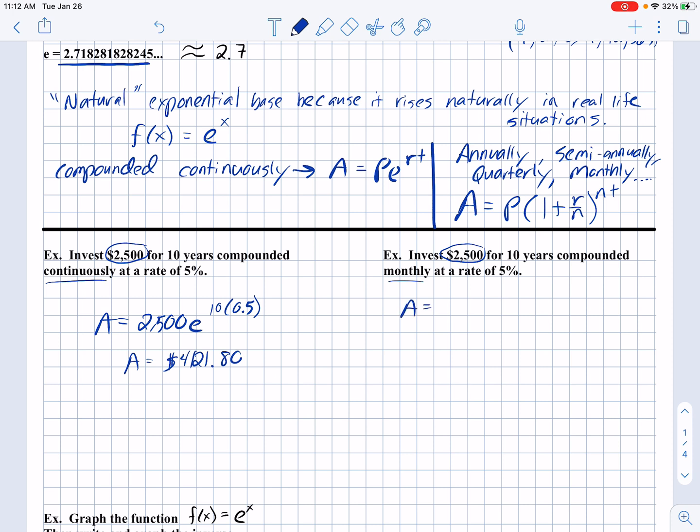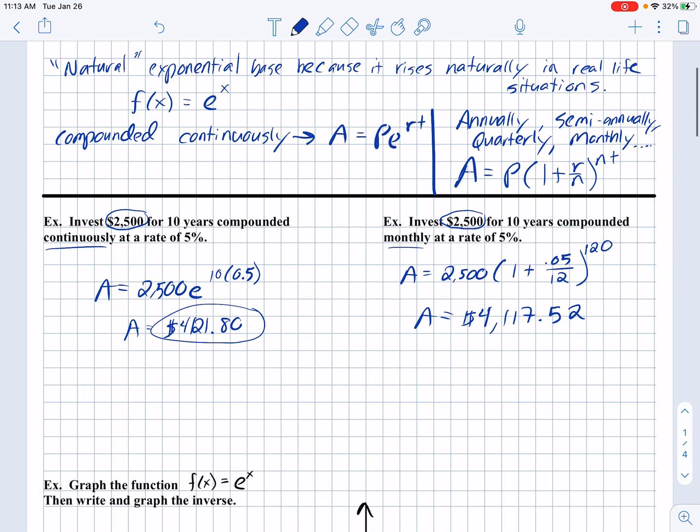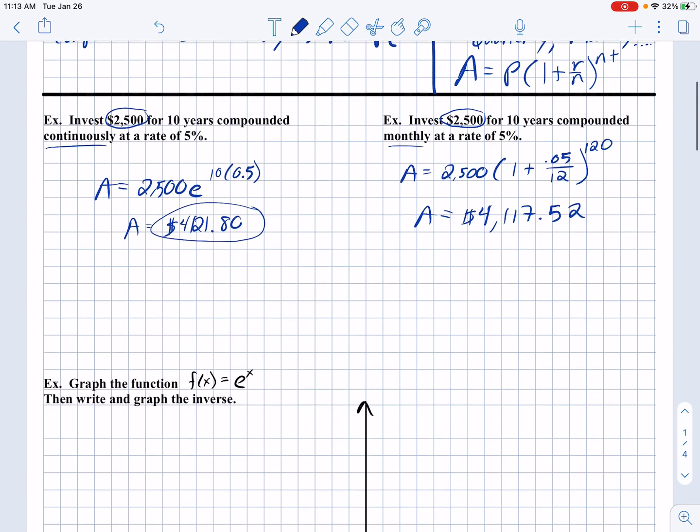Monthly would only be 12 times a year, while compounded continuously is an unlimited amount of times throughout the year. So this would be 2,500 times 1 plus our rate, 0.05, divided by 12 times a year, and then 12 times our 10 years, and you would have gotten an amount of $4,117.52. So clearly, compounded continuously is going to make that investment increase at a greater rate.